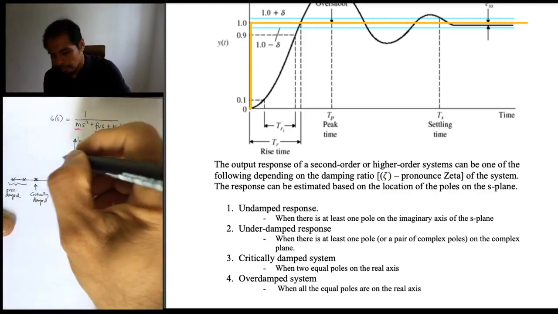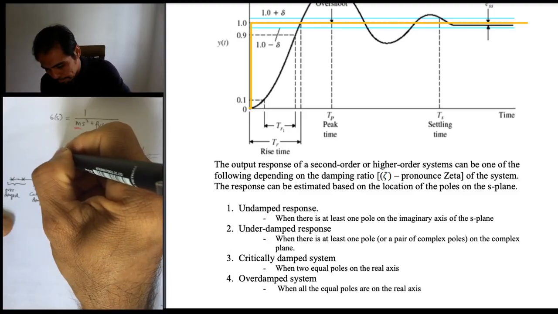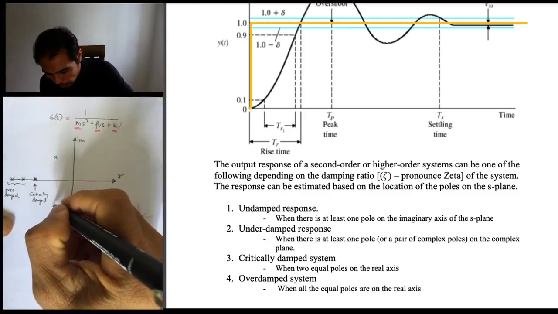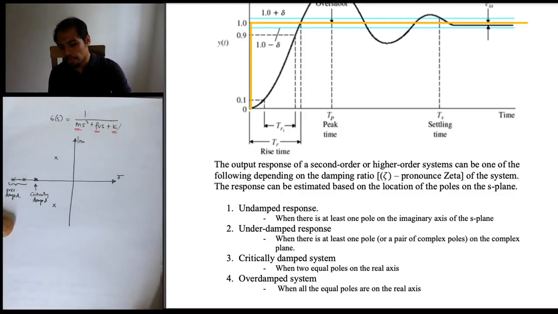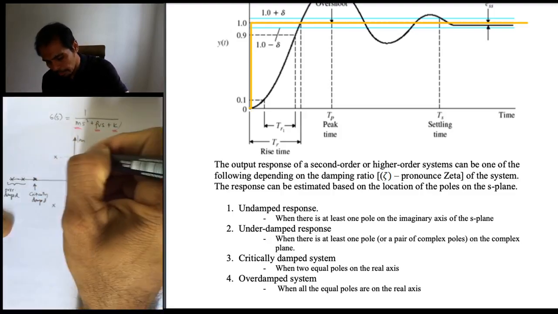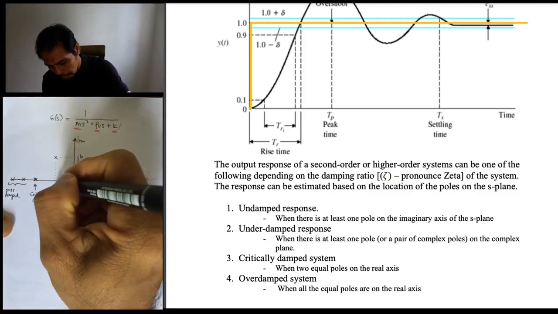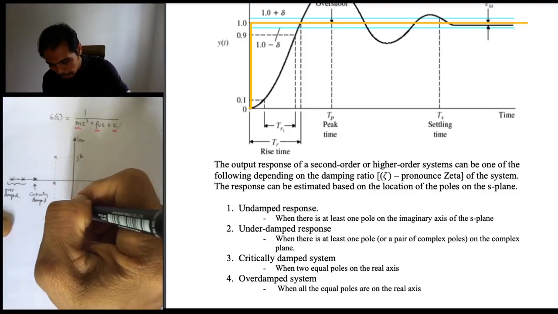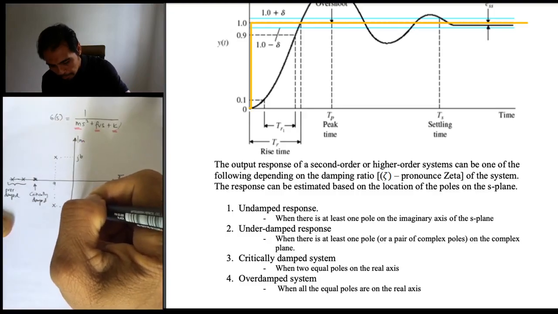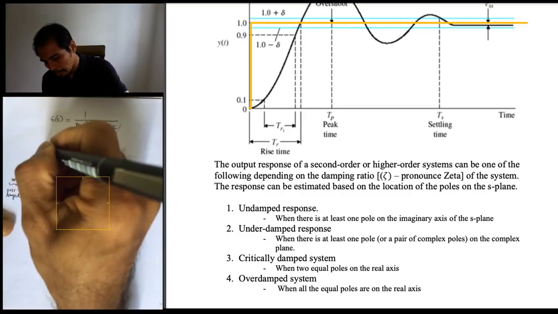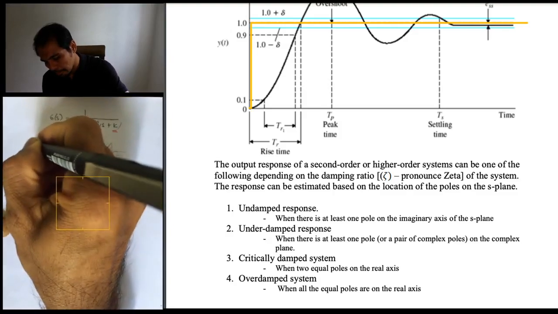right? But in the other case, maybe we have complex roots, maybe a plus j b, put it there. Then this system becomes underdamped.